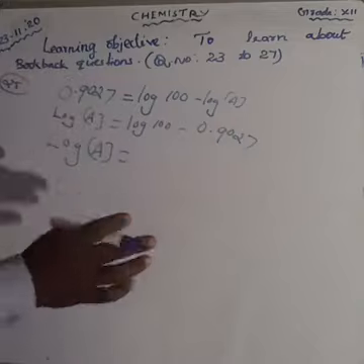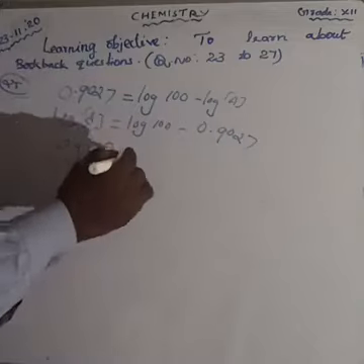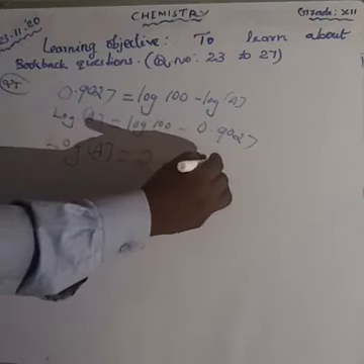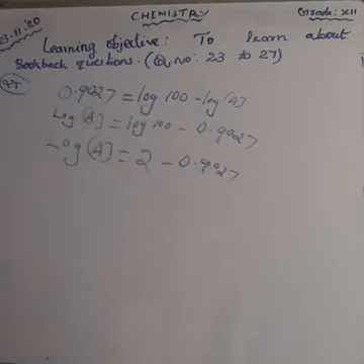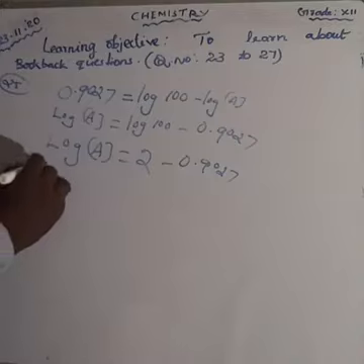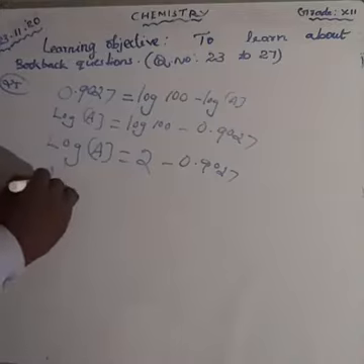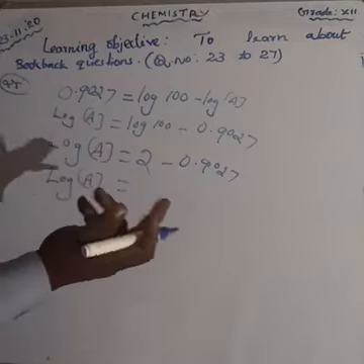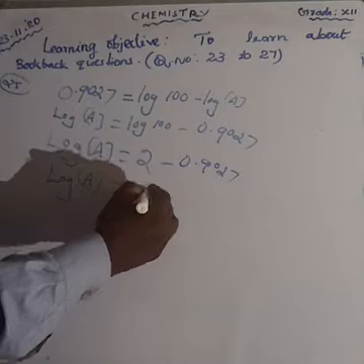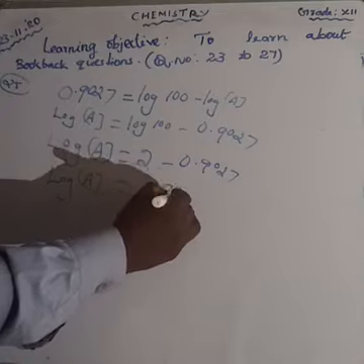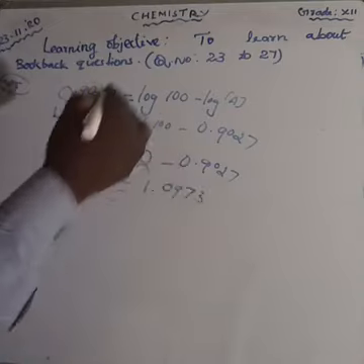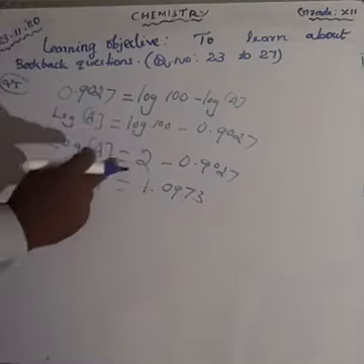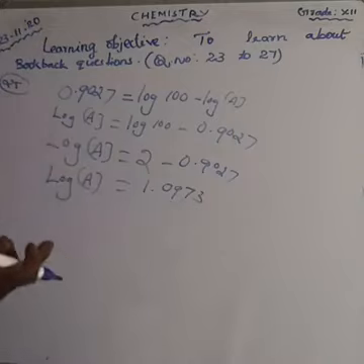Approximately, the value of log 100 is 2, minus 0.9027. So log A is approximately about 1.0973.